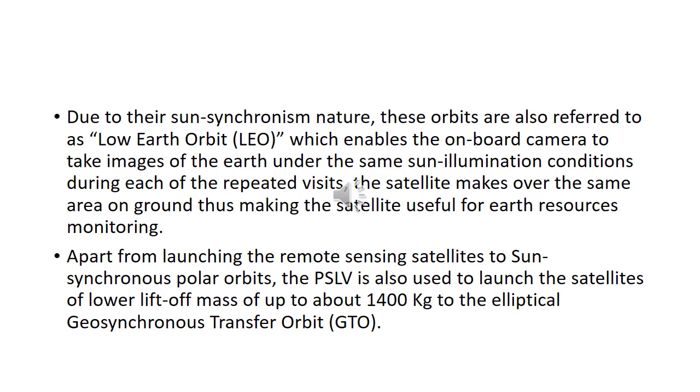For example, if today at 2 p.m. it is at a place named X, then tomorrow also at the same time it will be at the same place. Because of that, we can get exact, accurate information about a particular place and also the changes. This is used for remote sensing purposes.